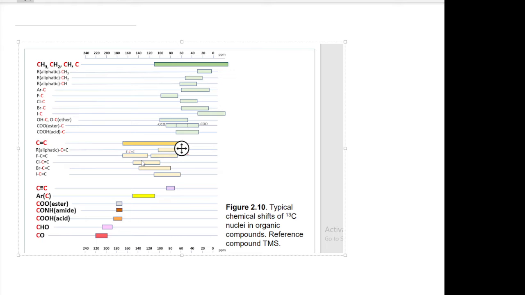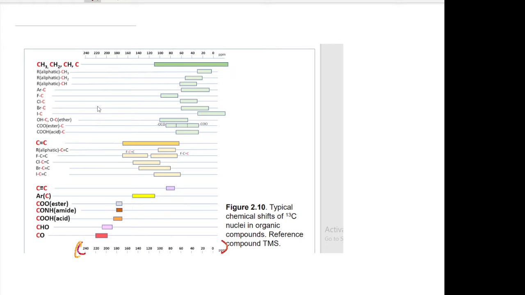So these are the chemical shifts for the carbon-13 nuclei. Whenever you have to interpret the carbon-13 spectrum, you need to look at this table, because you can't remember all the shift ranges.